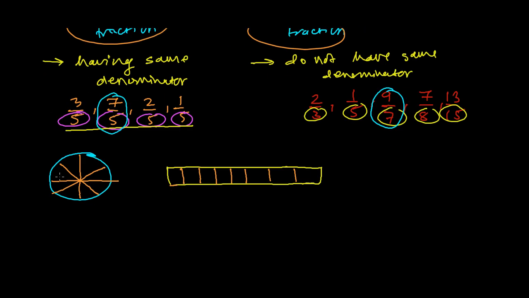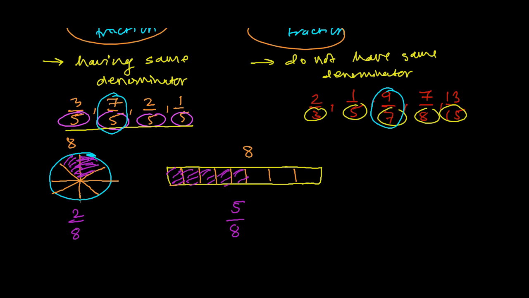Now we had a whole biscuit and we made 8 parts, and we had a whole chocolate bar with 8 sections. In this biscuit, if I'm eating, let's say, 2 sections, I'll write 2 sections out of 8, and let's say I eat 5 sections of the chocolate bar out of 8.